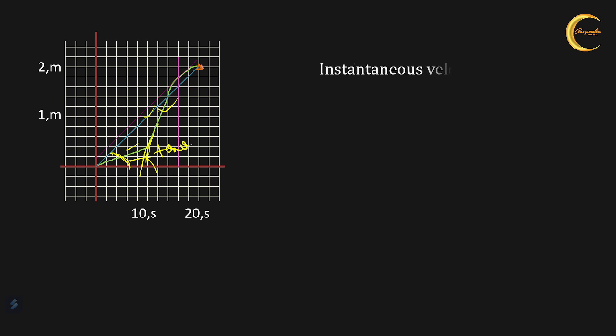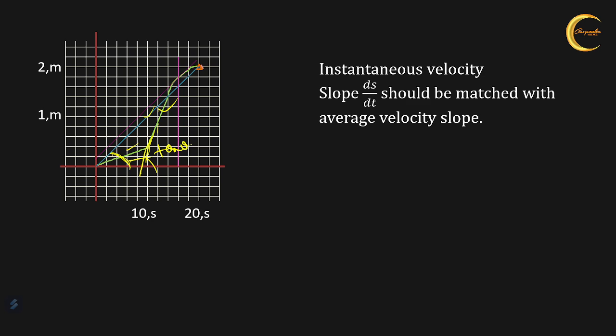Now you see, instantaneous velocity means the slope ds by dt. ये देख यहाँ पे जो स्लोप है ds by dt should be matched with the average velocity slope. This slope ds by dt should be matched with this average velocity slope.